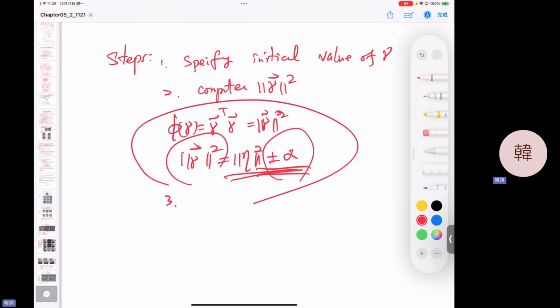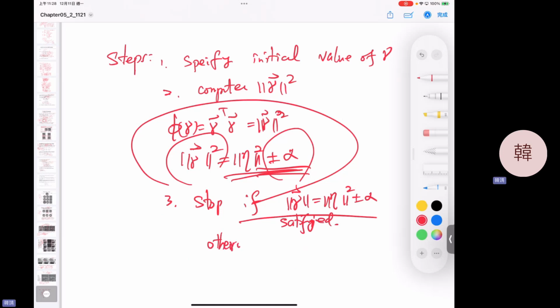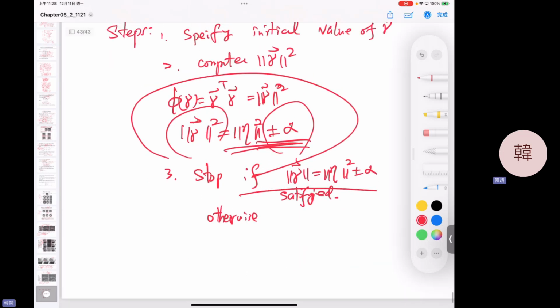So the third one is to try to stop once the result is already satisfied. You adjust it until it equals this one, satisfied. Otherwise, we assume it's monotonically increasing.